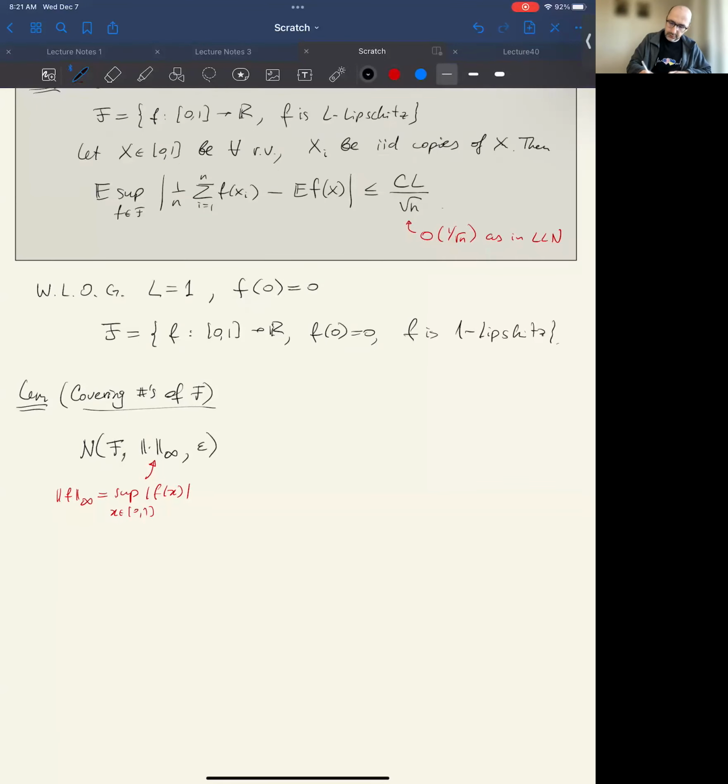And even then we can prove it. We'll prove that it is less than c over epsilon in the non-trivial range. And then it is just 1.